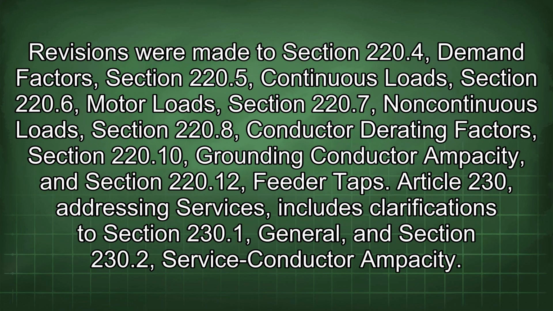Revisions were made to Section 220.4, demand factors, Section 220.5, continuous loads, Section 220.6, motor loads, Section 220.7, non-continuous loads, Section 220.8, conductor derating factors, Section 220.10, grounding conductor ampacity, and Section 220.12, feeder taps.